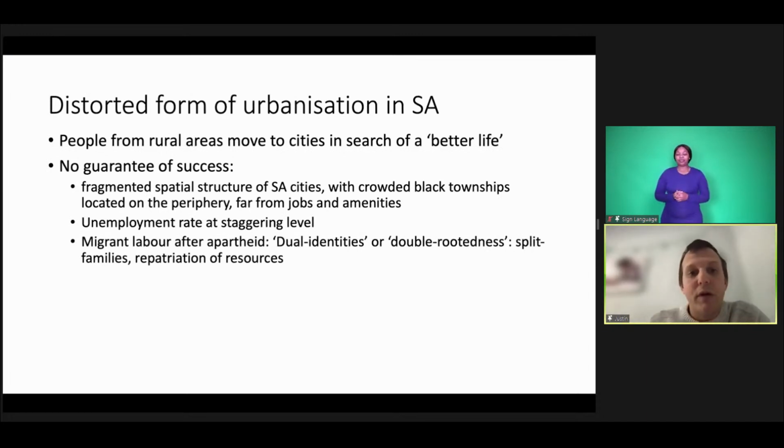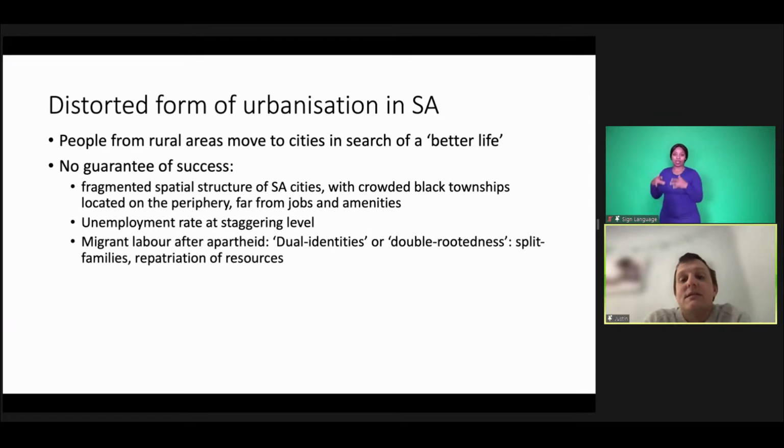One of the ways of rectifying this mismatch between jobs and opportunities between rural and urban areas is migration, as people move to find a better life. But of course, there's no guarantee of success.